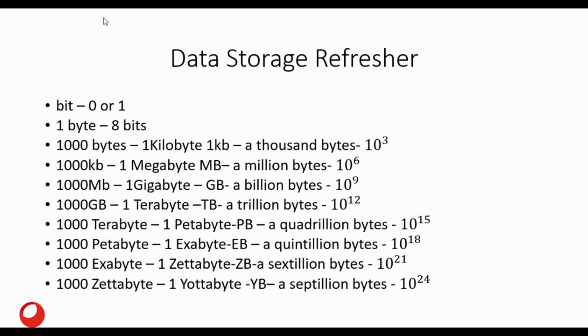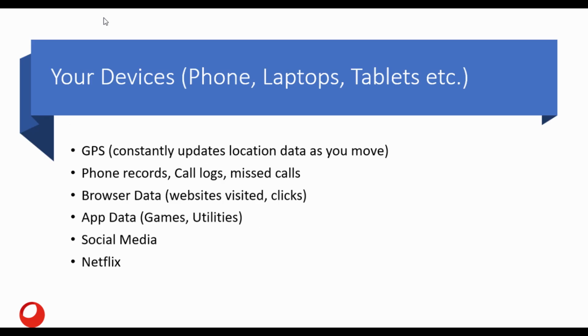When you have 1,000 kilobytes, you get a megabyte, and so on up to a zettabyte, and 1,000 zettabytes will give you 1 yottabyte, which is a septillion bytes. So that's a very large volume of data that can potentially hold the data in the universe. So that's a short refresher on data.